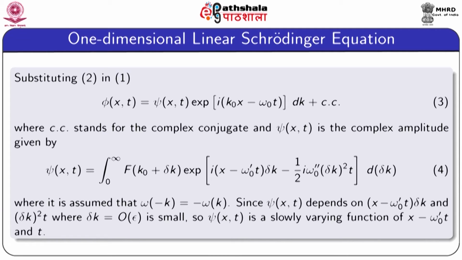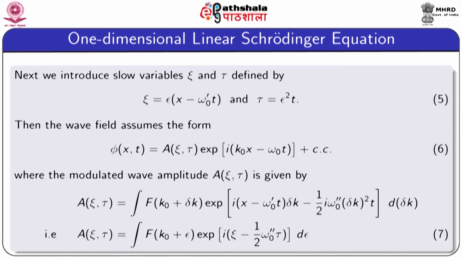Therefore, psi can be considered as a slowly varying function of x minus omega 0 dash t and t. Now, we define the slowly varying quantities as xi equals epsilon times (x minus omega 0 dash t) and tau equals epsilon squared t.